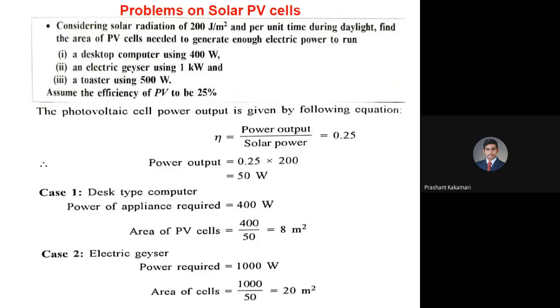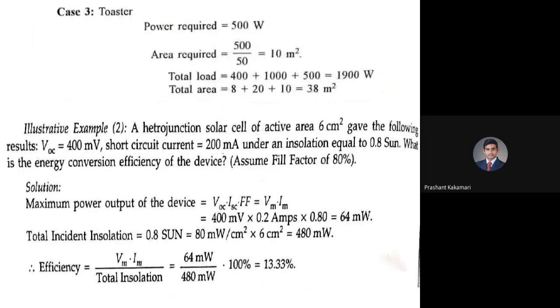But assuming all these instruments are in a home or in a building or in a single place, and we want to run all three systems, I will take the total load: 400 watt, 1000 watt, and 500 watt for the desktop, one geyser, and toaster.